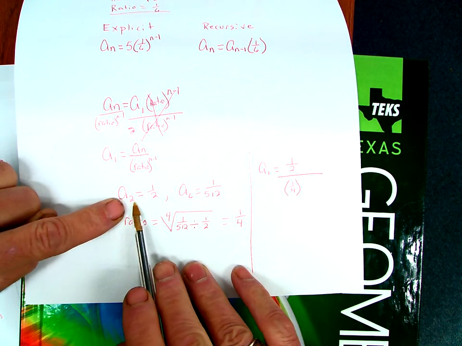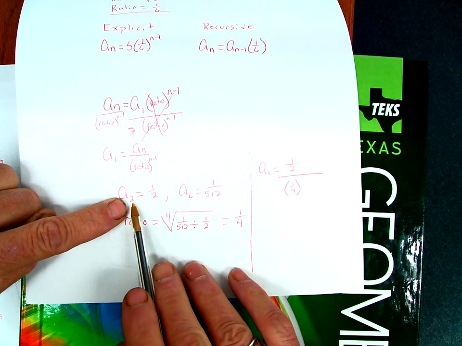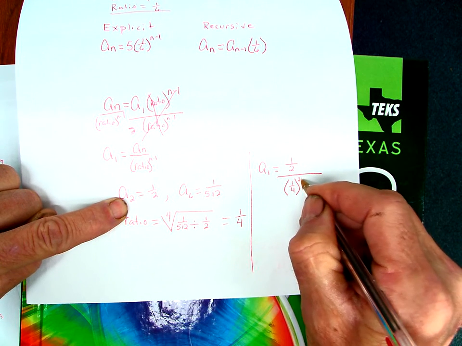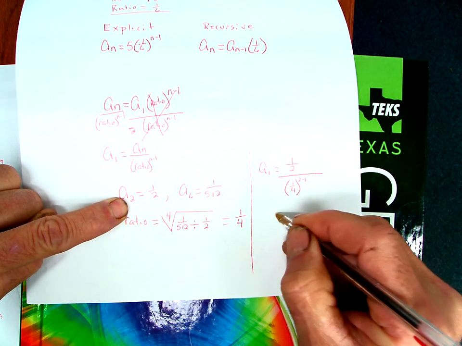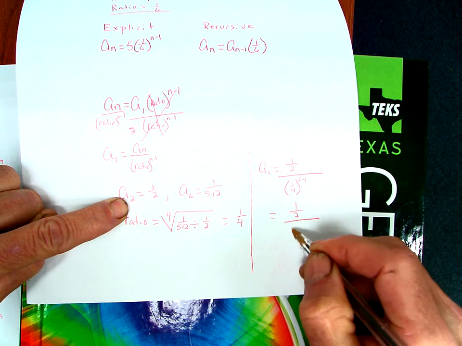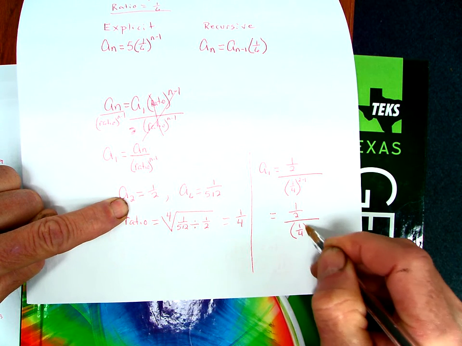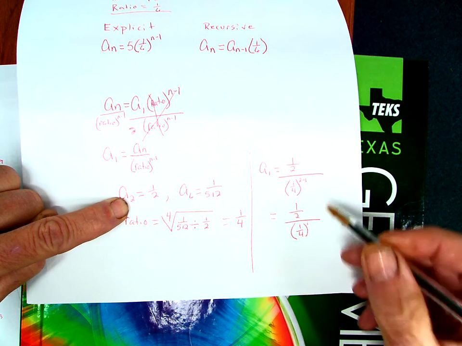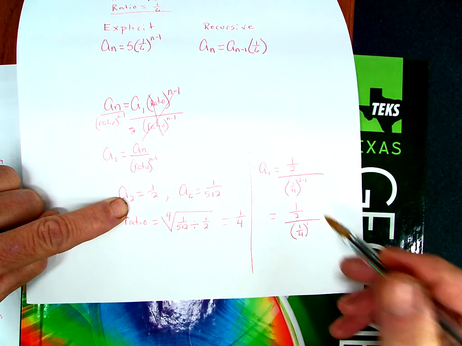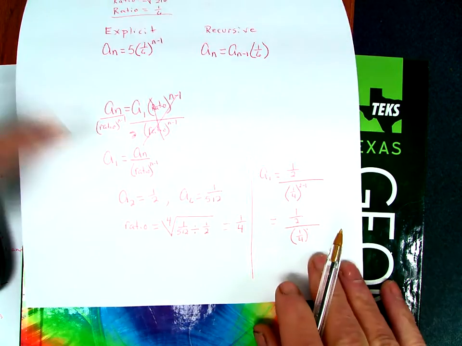Well, the index number for 1/2 is 2. So what goes right here is 2 minus 1. Simplify a little bit, so 1/2 being divided by 1 over 4 to the first power. 1 over 4 to the first power is just 1 over 4. So 1/2 divided by 1/4.